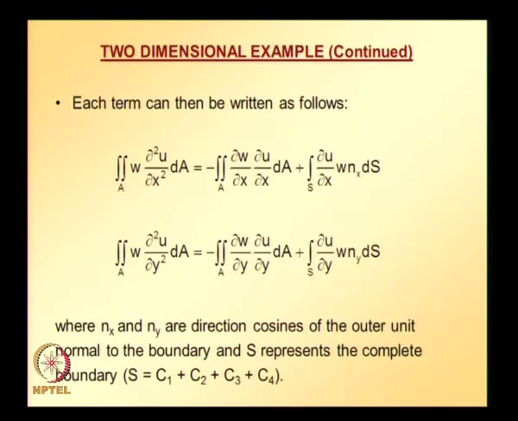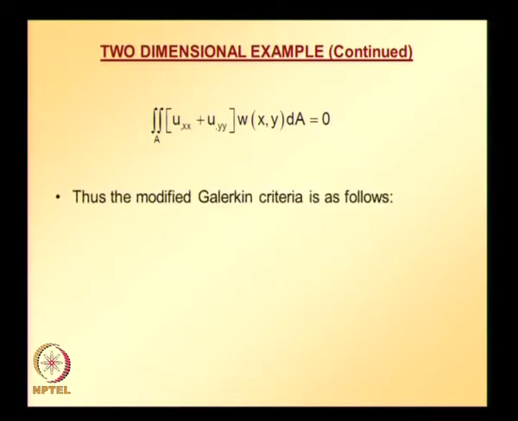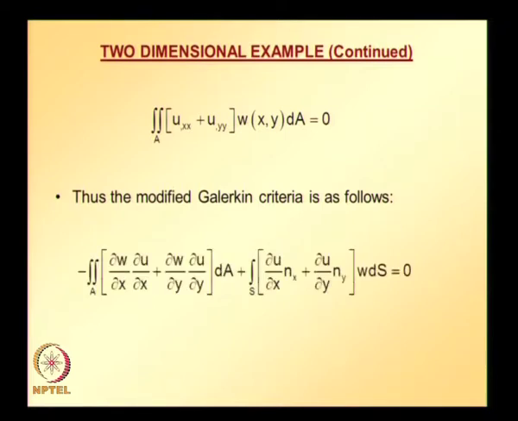So, substituting these 2 equations into the previous equation that we initially started out with, this is the equation that we started out with. In this equation substitute the previous 2 equations, then the modified Galerkin criteria becomes this one.